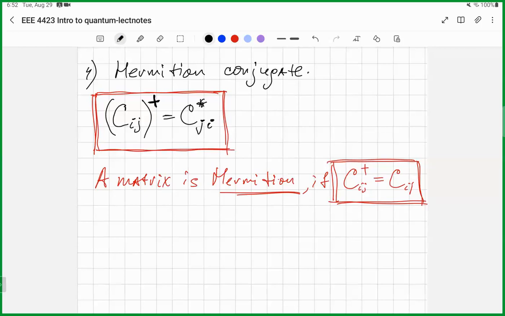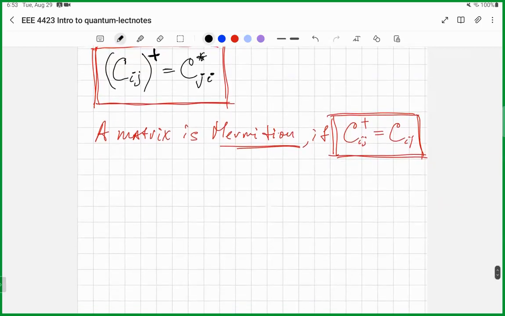A simple example. Let's write this example. A simple or trivial one would be something like 1, 2, 2, 3. You complex conjugate, but these are real numbers, so they don't change.